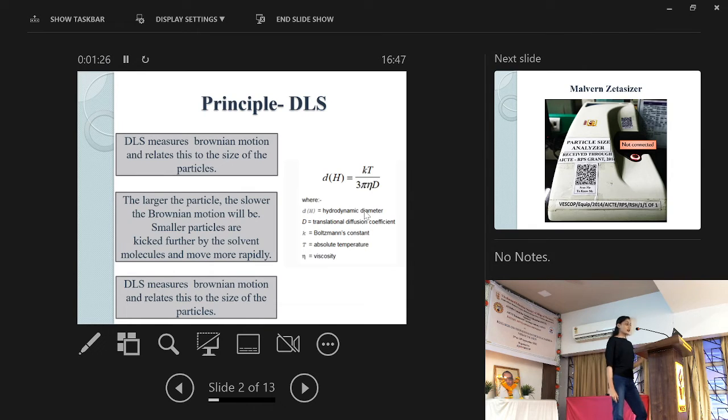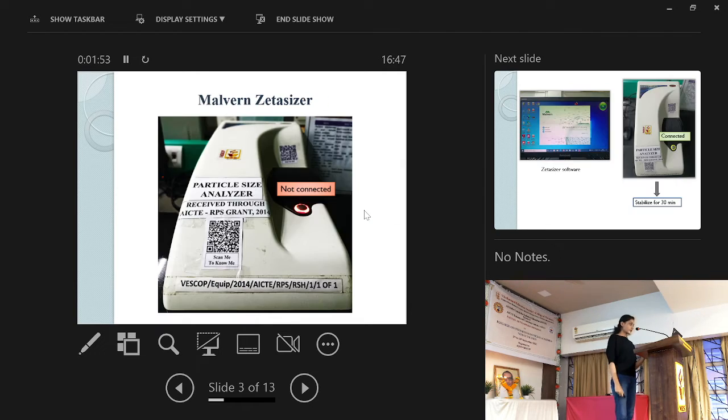Therefore, using a correlator, this intensity fluctuation is changed into translational diffusion coefficient, and then using this formula, the hydrodynamic diameter is calculated. This hydrodynamic diameter takes into consideration the surrounding ions also. It is the diameter including all the solvent molecules adsorbed on the particle.